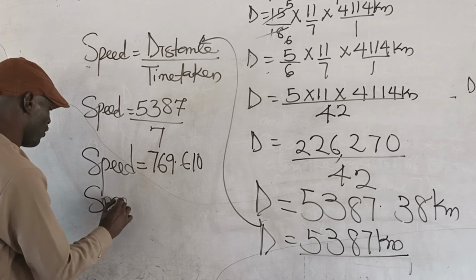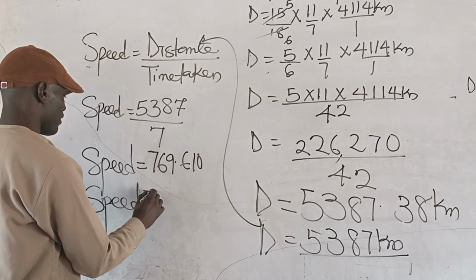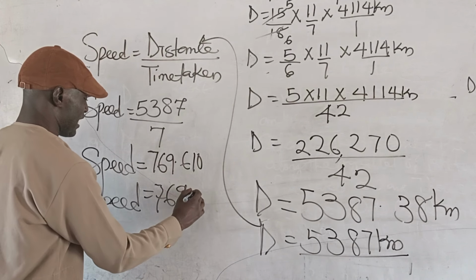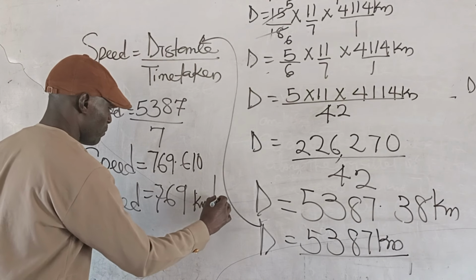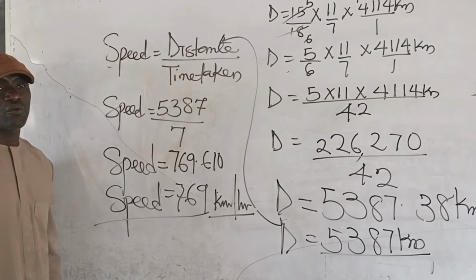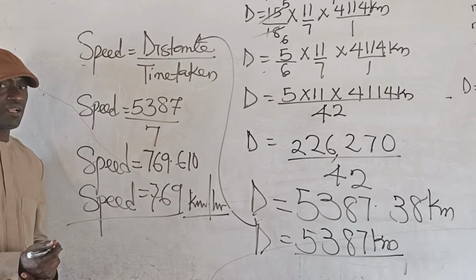Working on the whole number, we have 769 kilometers per hour, because we are working on speed, so we have it in kilometers per hour.